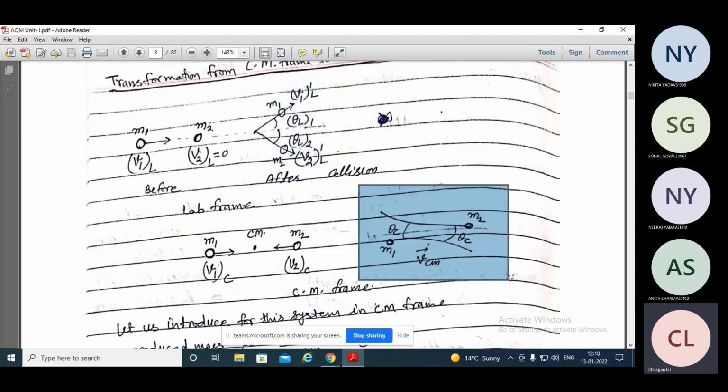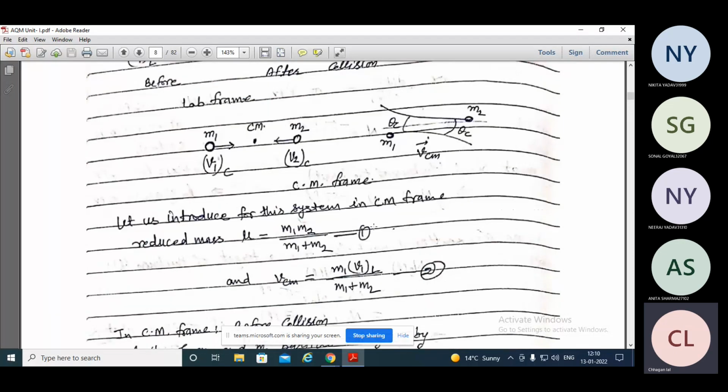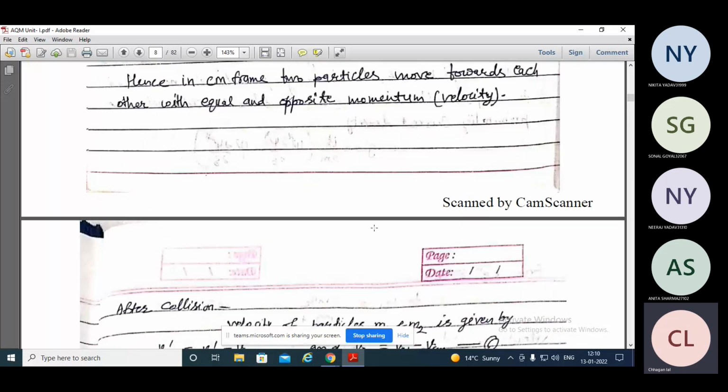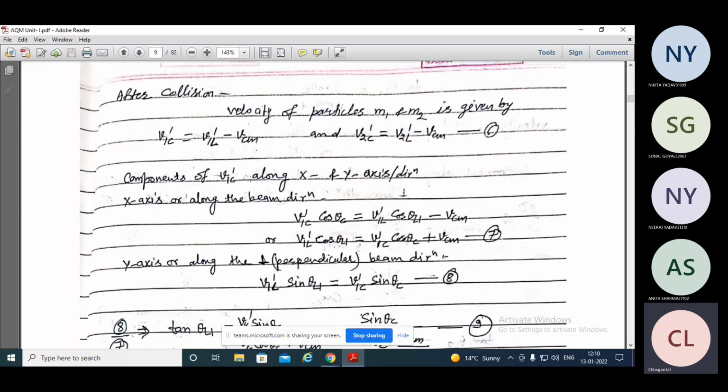Then we can calculate their x and y components. Here we represent the laboratory scattering angles theta L1 and theta L2, and in the center of mass frame of reference the scattering angle theta C. In the laboratory frame it is very important which particle you are looking at.